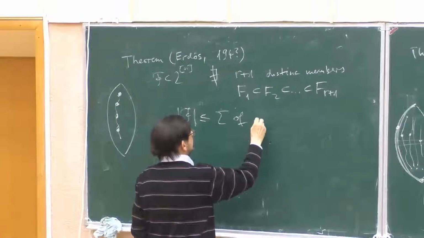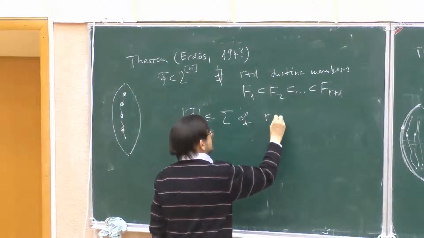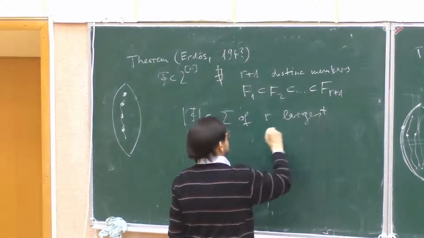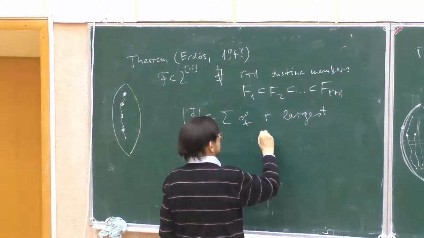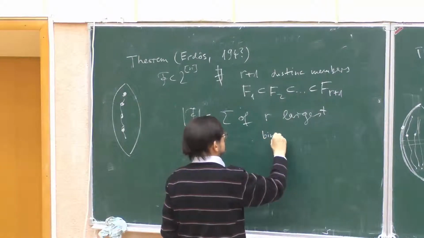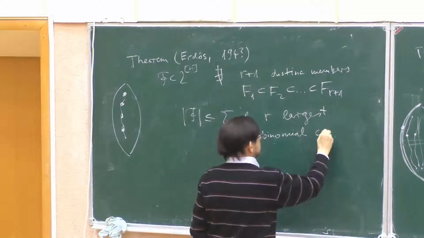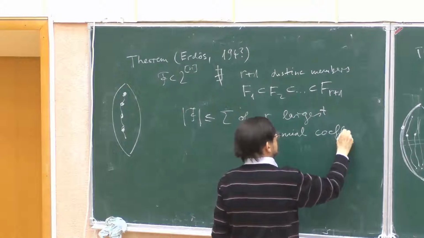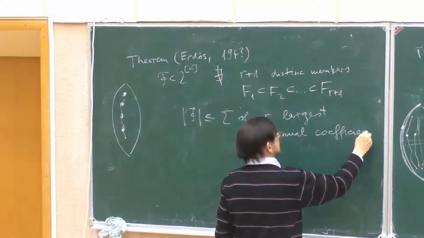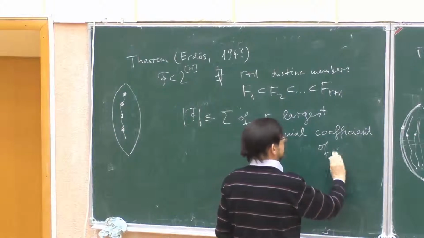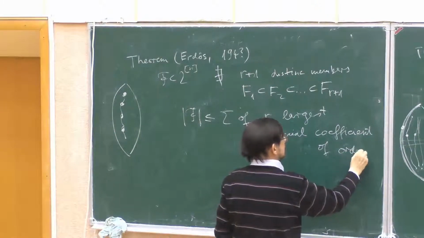the sum of the r largest binomial coefficients of order n.